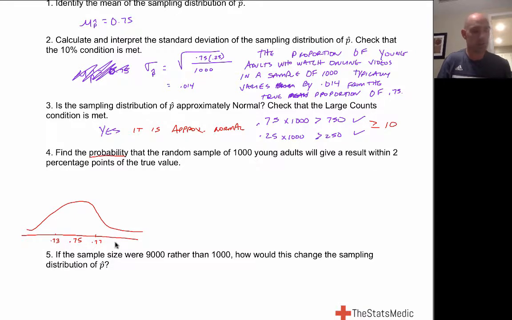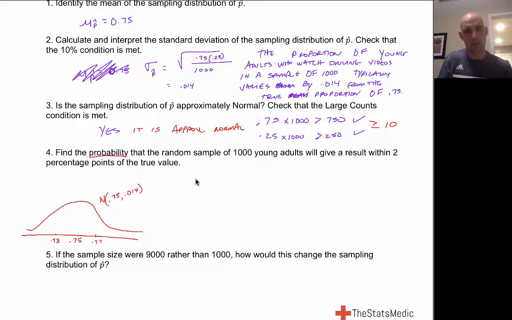We can do this one of two ways, right? We can use table A or we can use normalcdf. We're calculating with a mean of 0.75 and a standard deviation of 0.014.